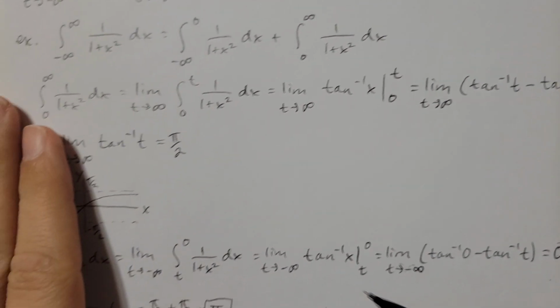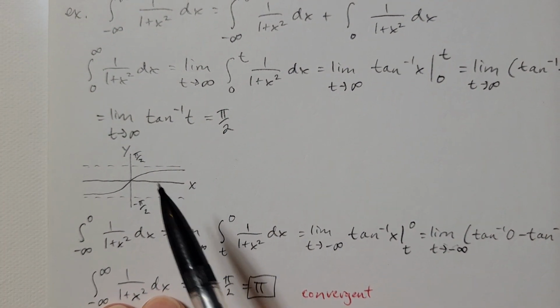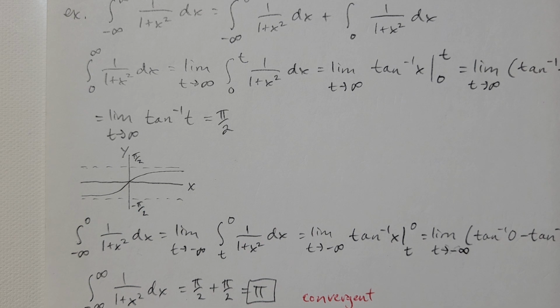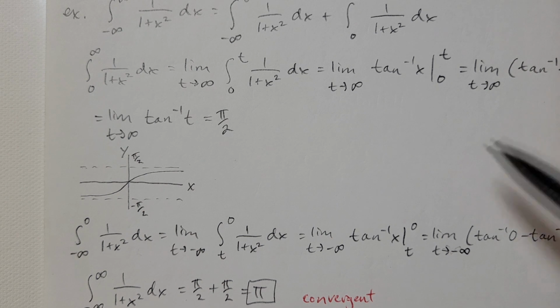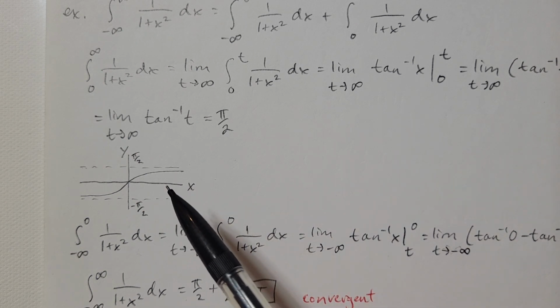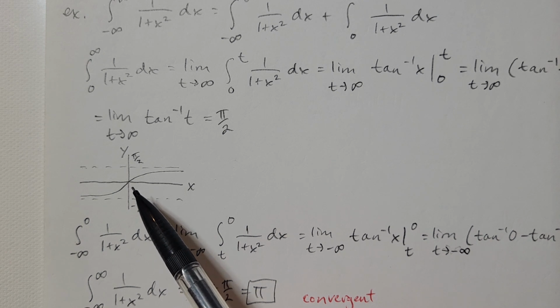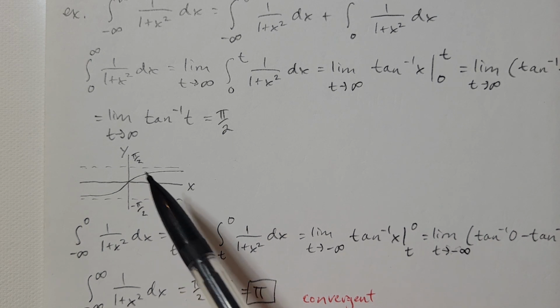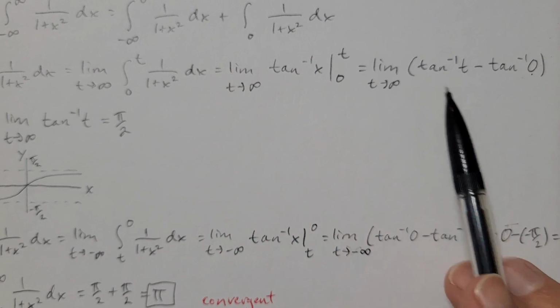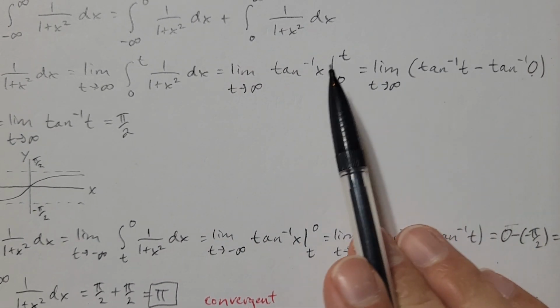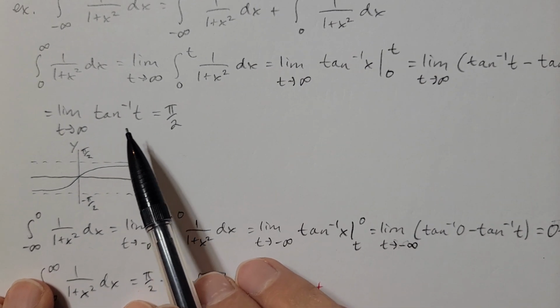Okay. Now tangent inverse of 0, well, here's the graph of the tangent inverse curve. I would highly recommend knowing the graph of the tangent inverse curve. You're going to use it a lot. Let's see, tangent inverse of 0 is 0. Okay. So the only thing I need to do here is find the limit as t approaches infinity of tangent inverse of t.